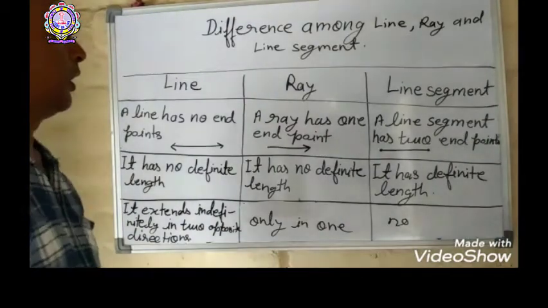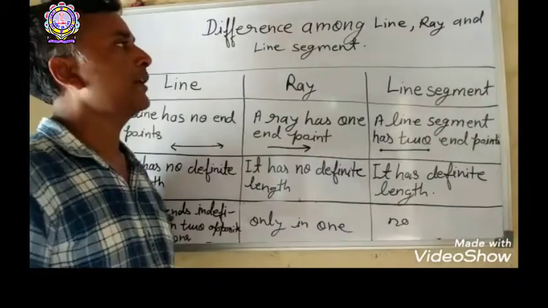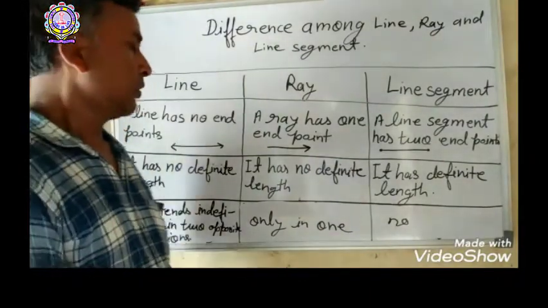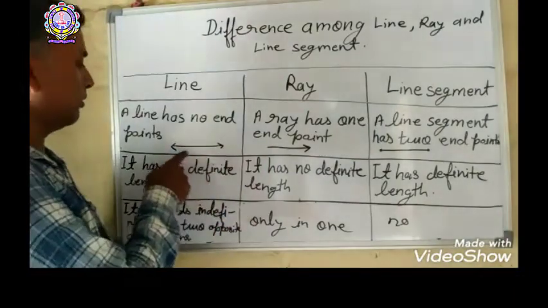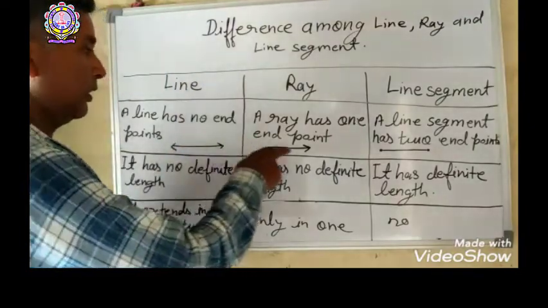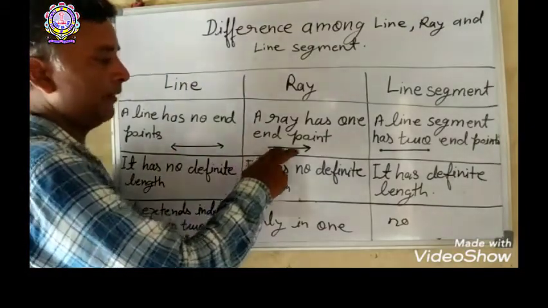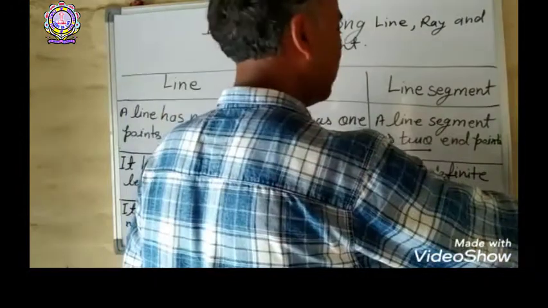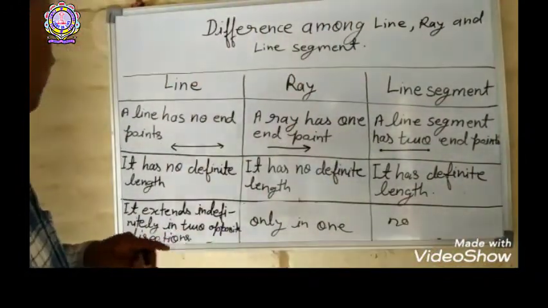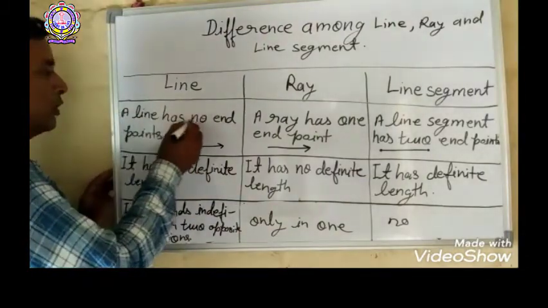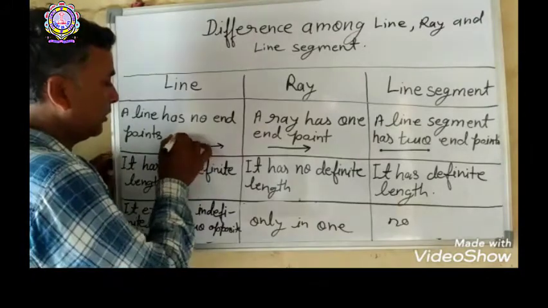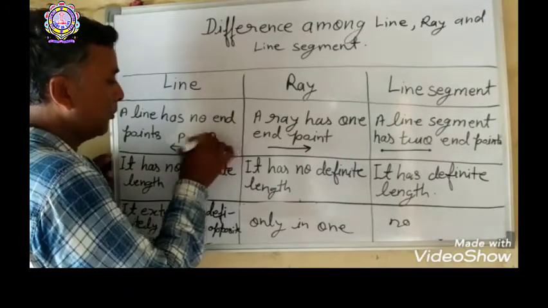Now, the difference among line, ray, and line segment. So students, watch. This is the figure of a line, this is the figure of a ray, and this is the figure of a line segment. The first difference: a line has no endpoints. This is the line PQ.